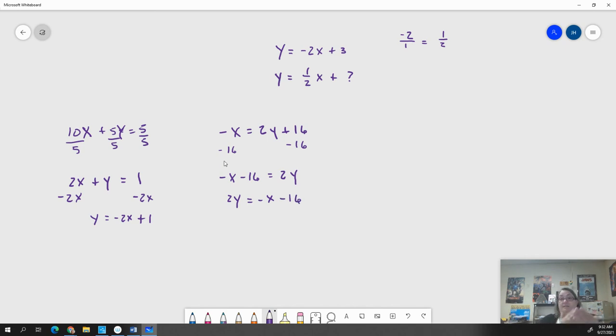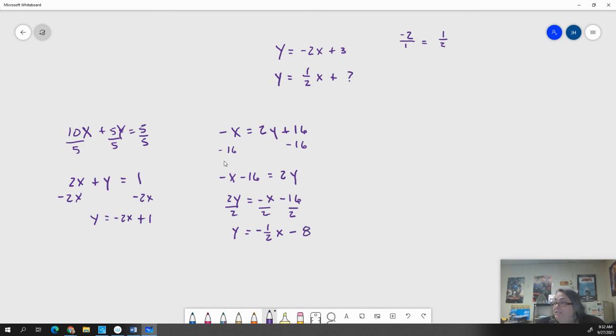Because they're equal. I can put them on either side of the equal sign. The last thing I have to do is divide everything by 2, right? And I wind up with y equals negative 1/2 x minus 16 divided by 2 is 8.